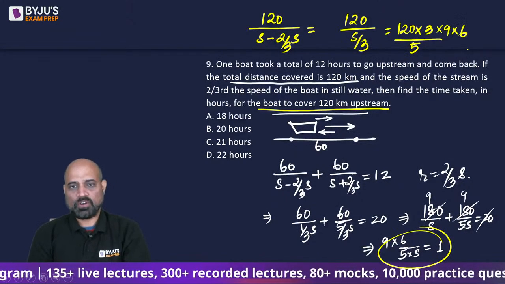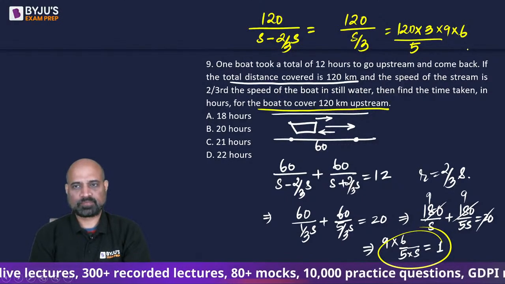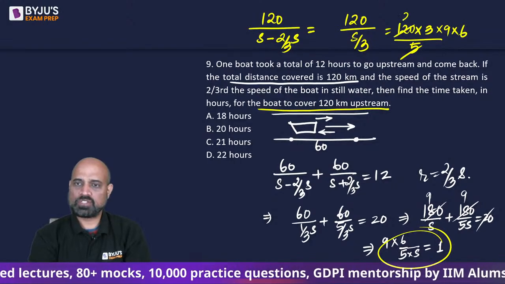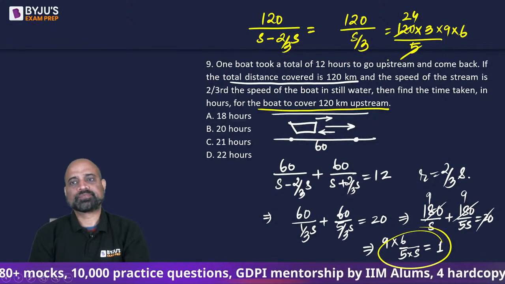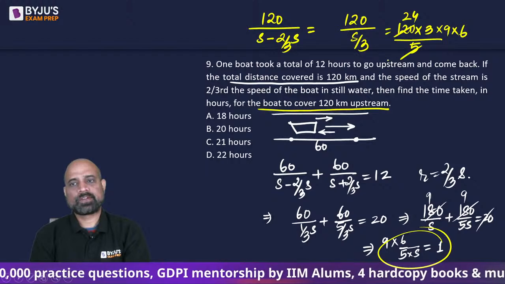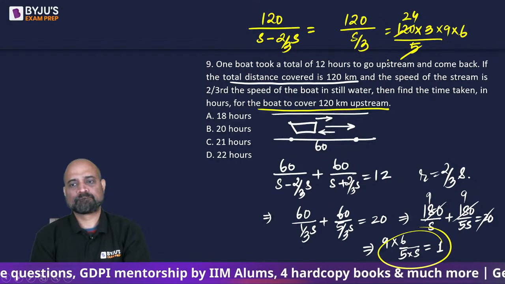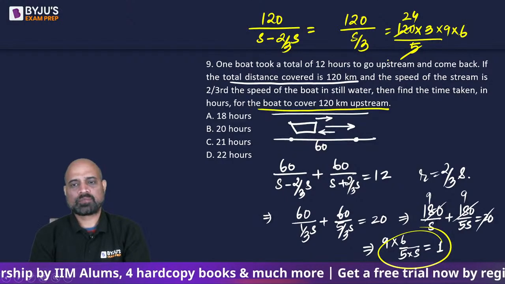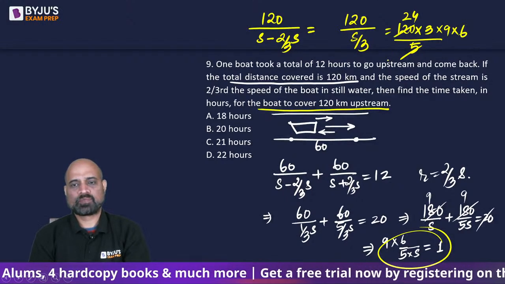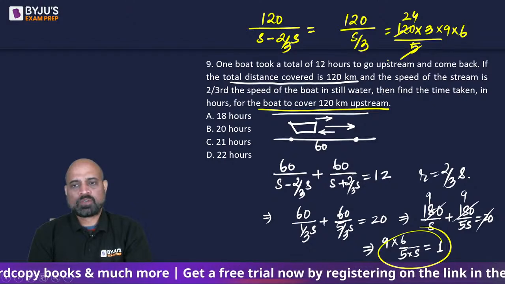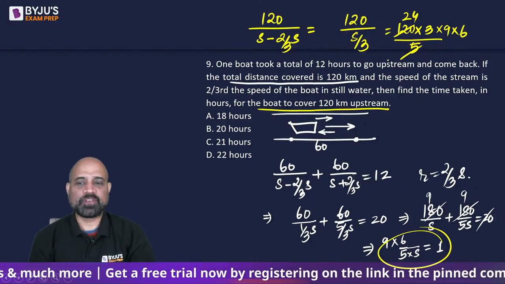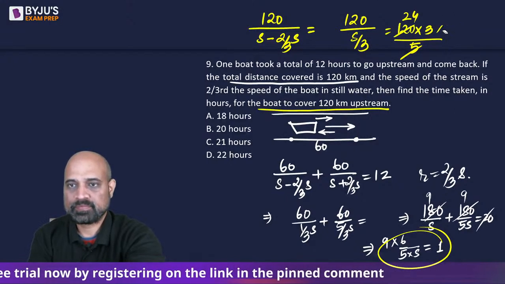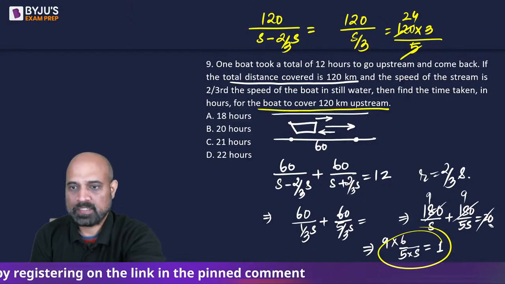This looks a lot. Is it in minutes? I doubt that though. So this is going to be 24. Oh, where did we get that 20 from? It's 12, isn't it? This is 12.